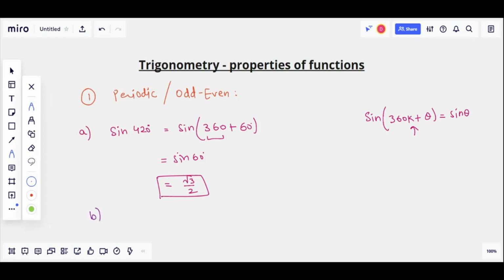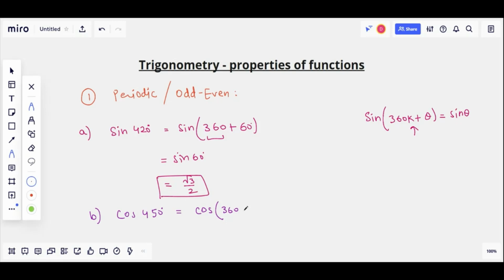Let's talk about B. So this one has cos of 450 degrees. We need to find the value of this. So the method remains the same. We somehow have to have the first number either as 360 or a multiple of 360.